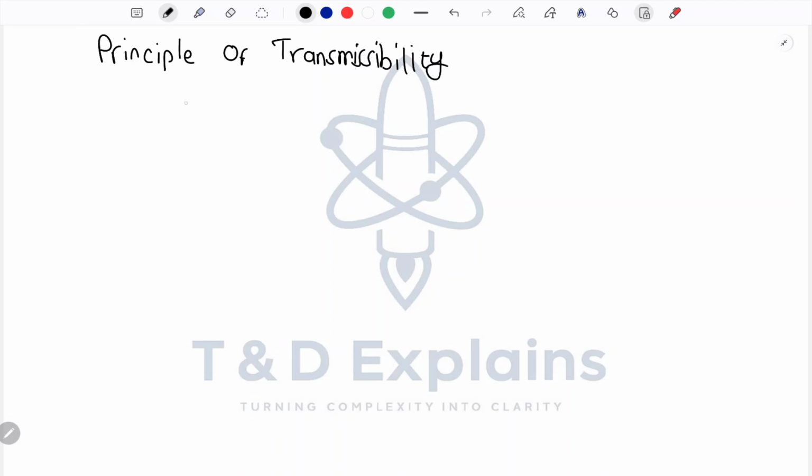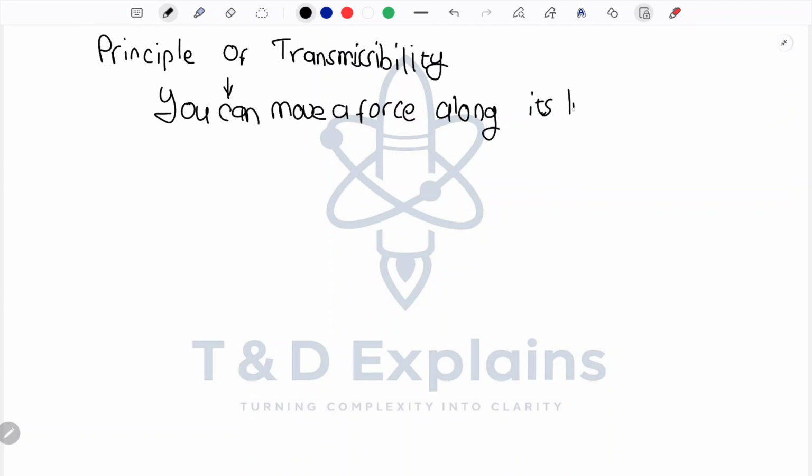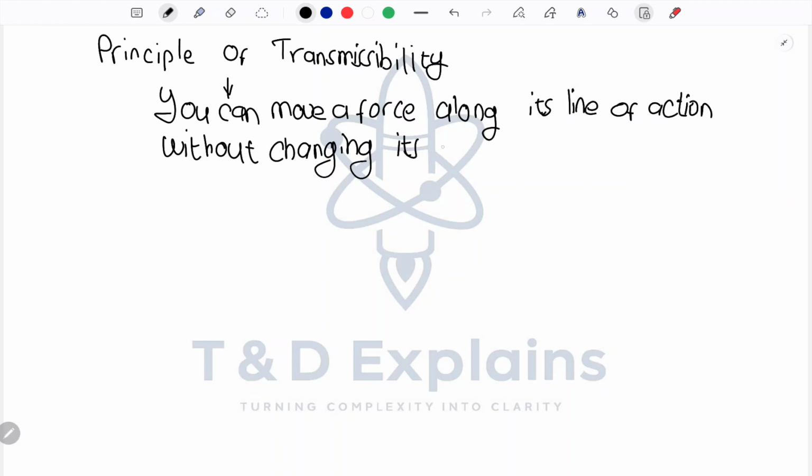What does it say? You can move a force along its line of action without changing its external effect on a rigid body.